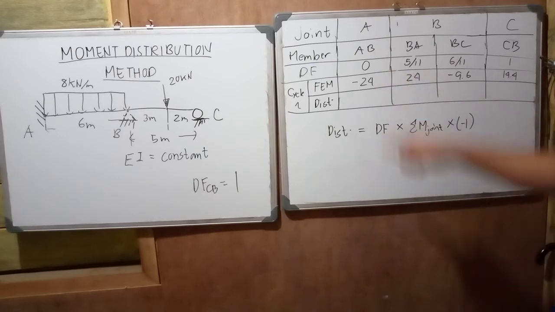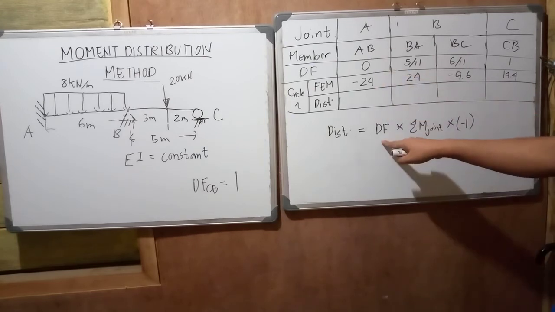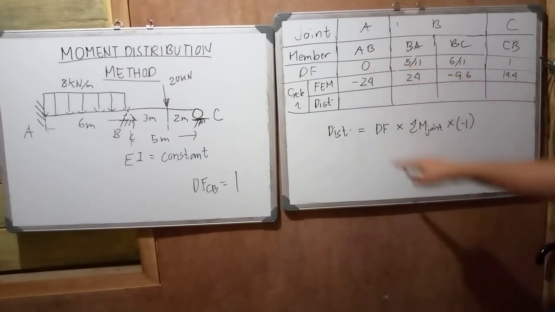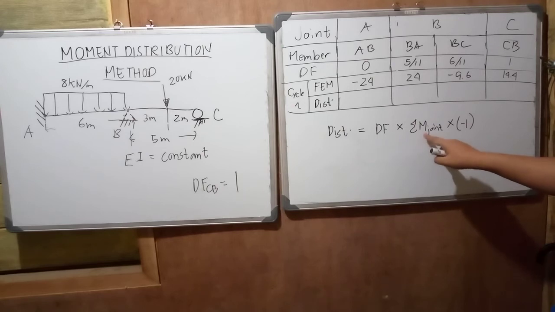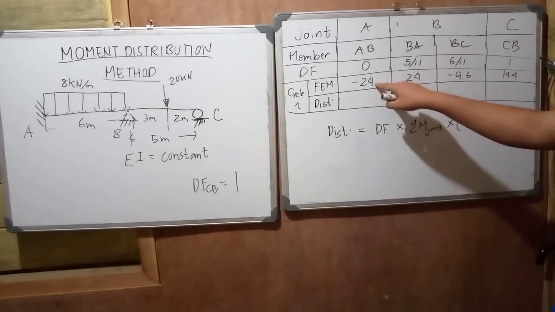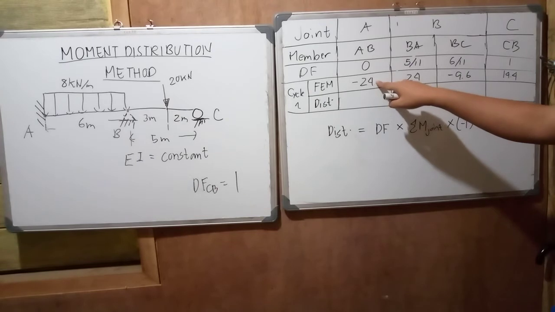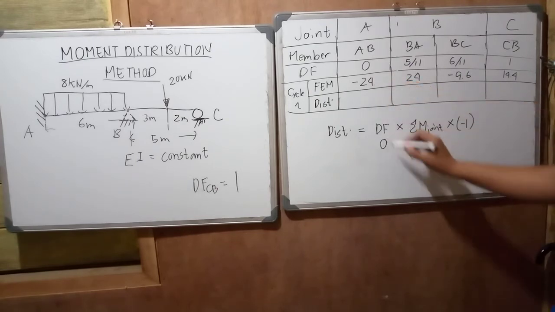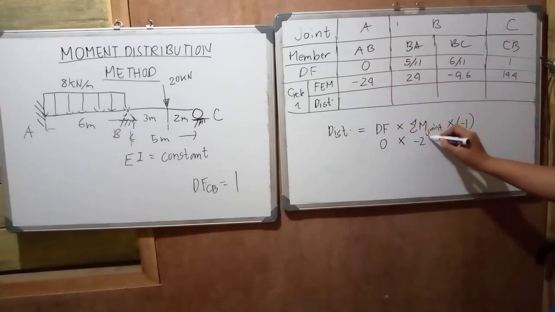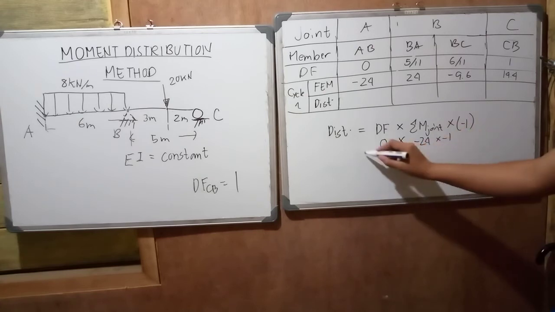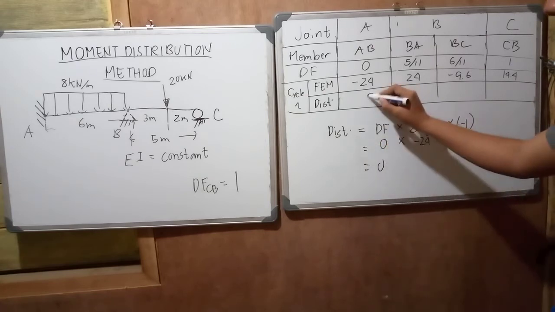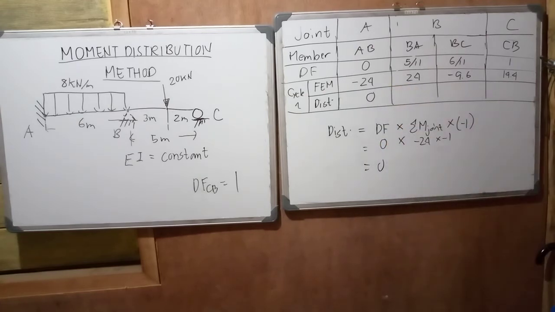So, dito, kay AB, yung distribution factor natin is 0. Then, automatically, yung summation of moments at joint natin, kasi isa lang yung member niya, si AB lang, so negative 24. So, dito, 0 times negative 24 times negative 1, which is equivalent to 0. Kaya 0 to. Okay? So, next.